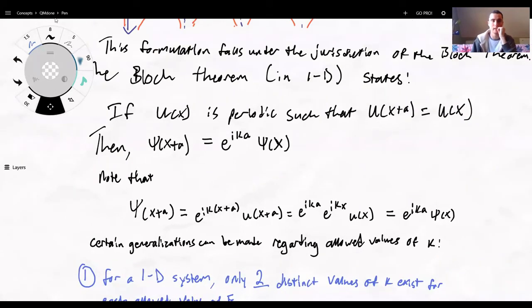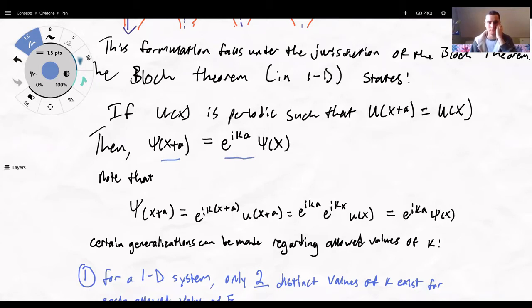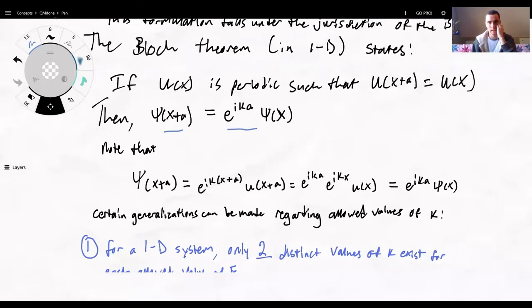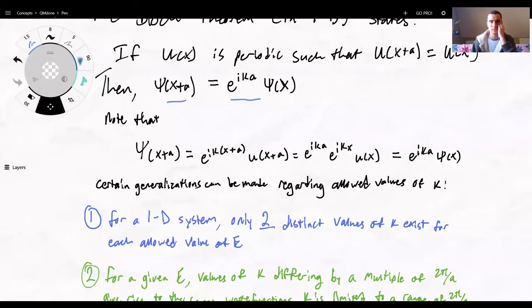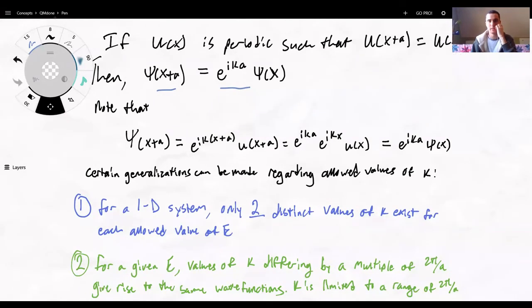Then in that case, the wave function psi(x + a) is going to be equal to this factor here, e^(ika), times the wave function psi(x). Let's look at what that means. This is just some theory.